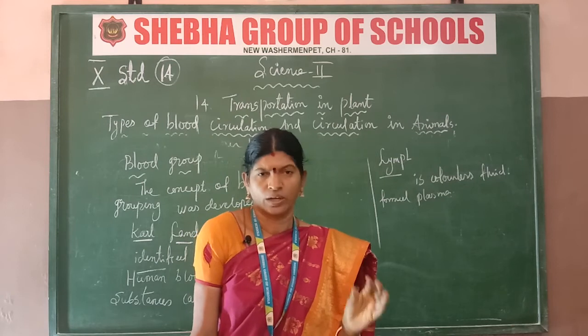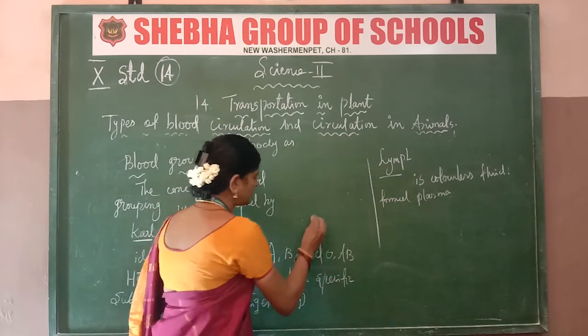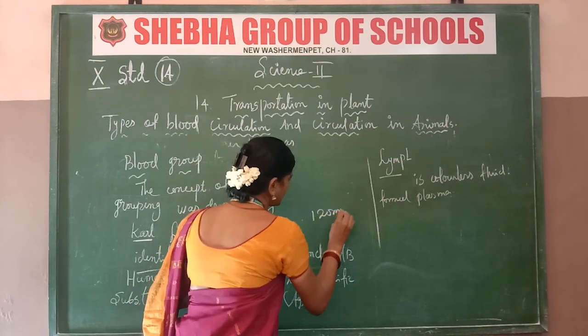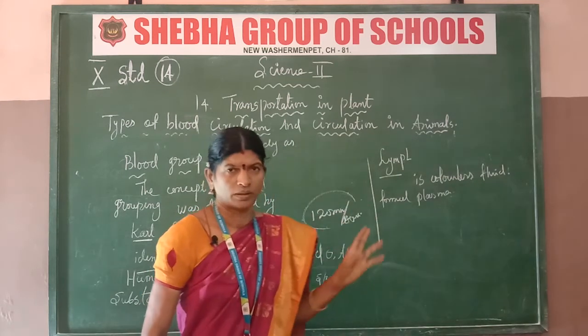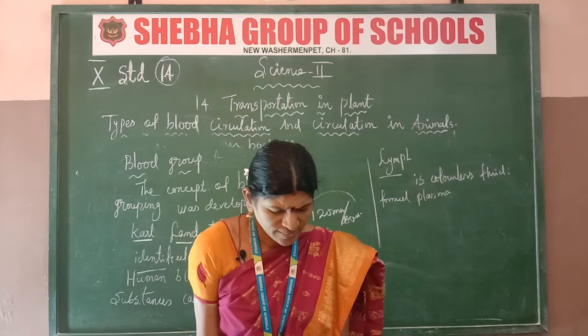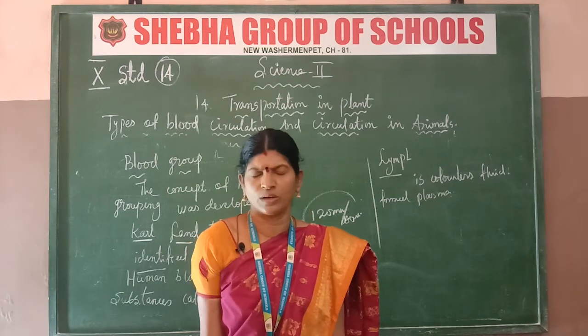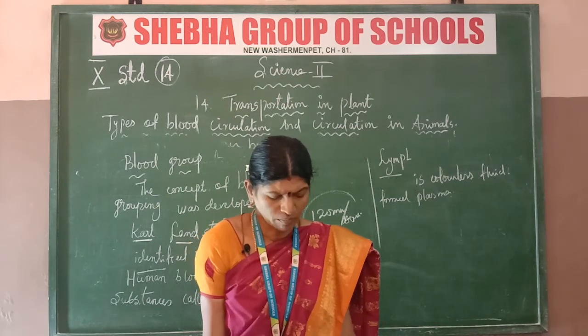Next topic, blood pressure is expressed as systolic and diastolic pressure. The normal pressure is 120 by 80 mm Hg.